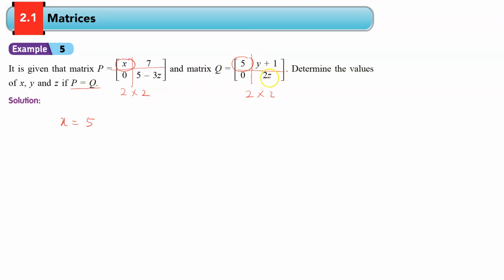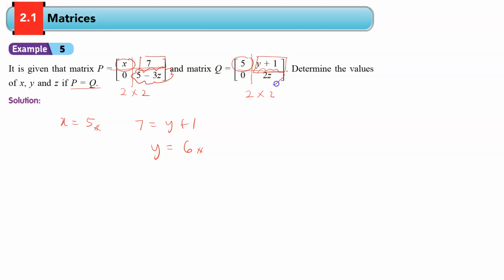Then, nak dapat z macam mana? Okay, tak nak tengok z dulu. Tengok y dulu. So, y, 7 equal to y plus 1. So, 7 equal to y plus 1. So, y equal to 6. Dah dapat 5. Dah dapat 6. Tengok z. Z kita comparekan yang ni.